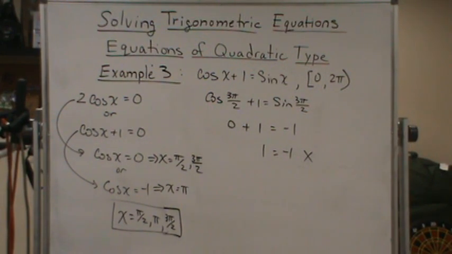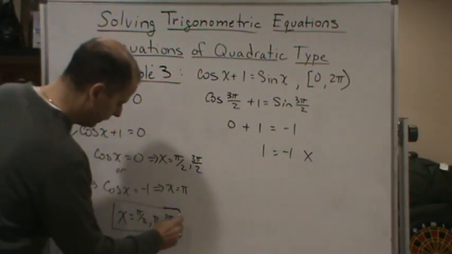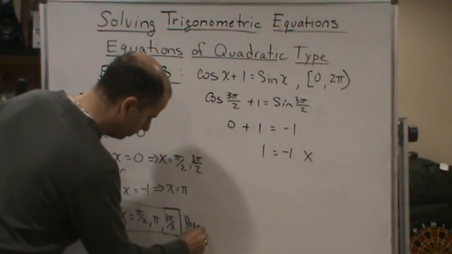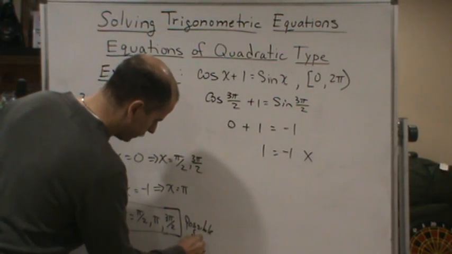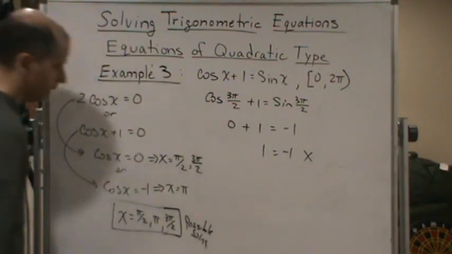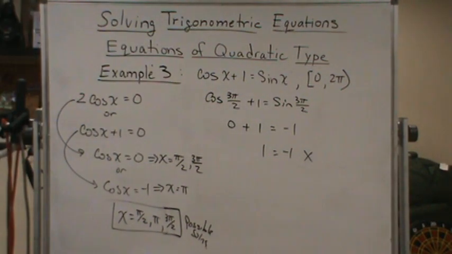Does not work. So that means of the three possible solutions, these are only possible solutions. So once we check them, the only solutions that we actually have are pi over 2 and pi.